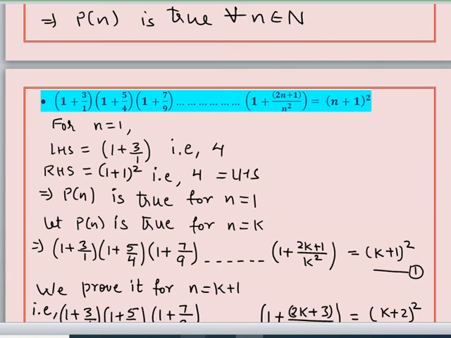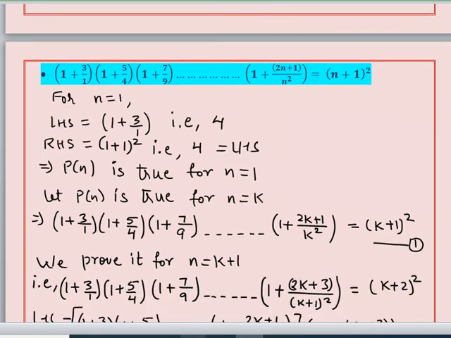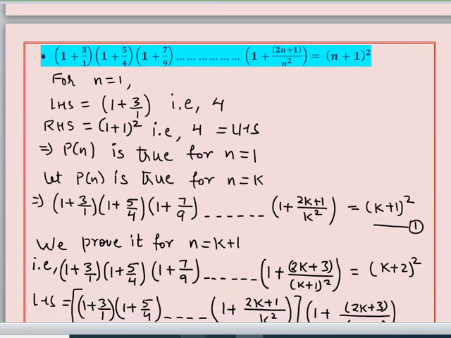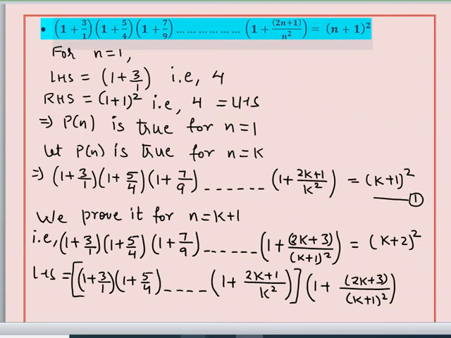Over here you can see we have a product of a few terms. Let us see what pattern is being followed in all these terms and then proceed. Okay, see this is 1 plus 3 over 1. The next one is 1 plus 5 over 4. So if you see the numerators of these fractions, they are the odd numbers. After 3 it is 5, then it is 7 and so on.